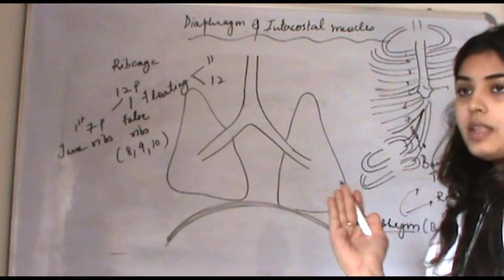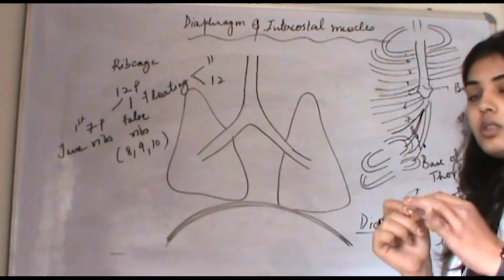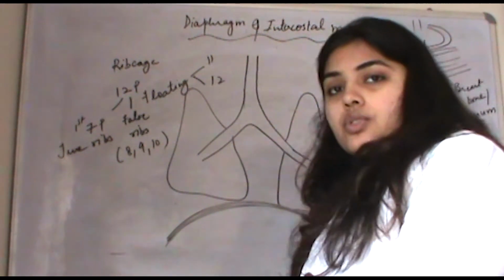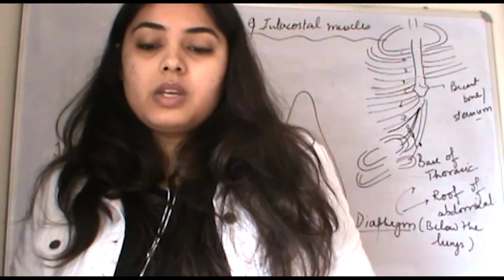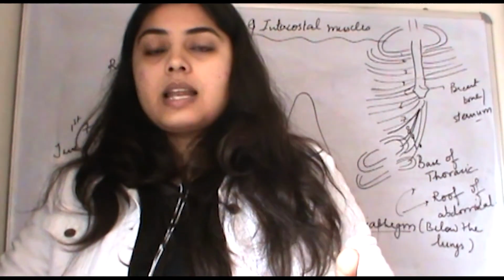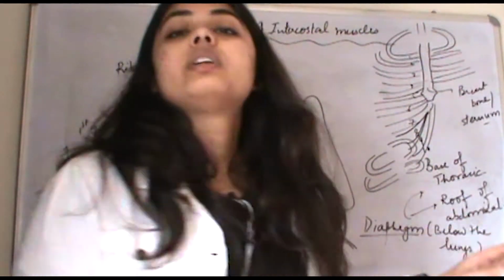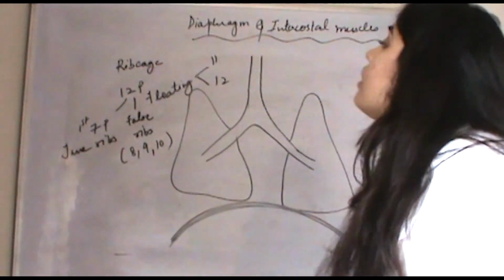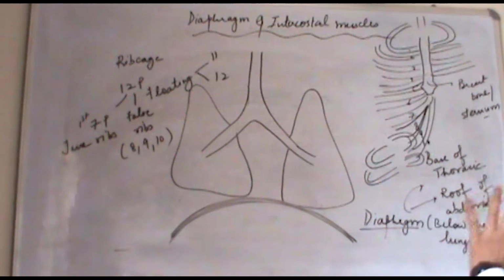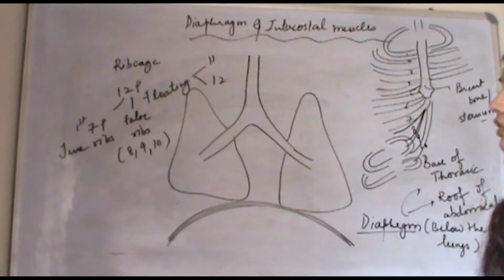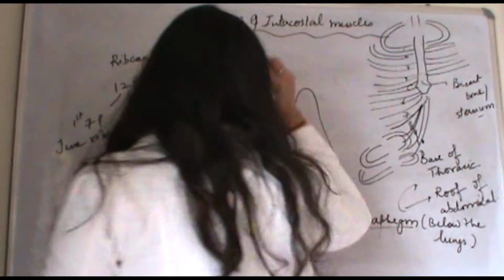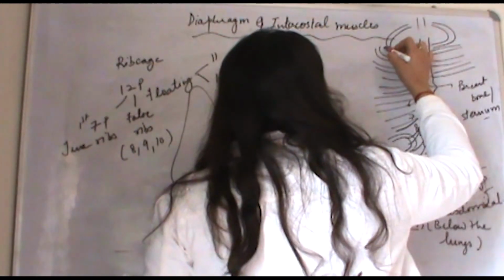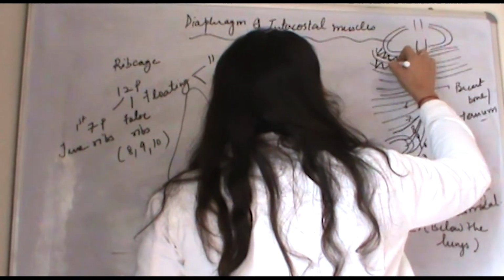They begin from the back, come forward and just stop. They are just present at the back, not joining the sternum, not even joining the 7th rib. That is why they are called the floating ribs.